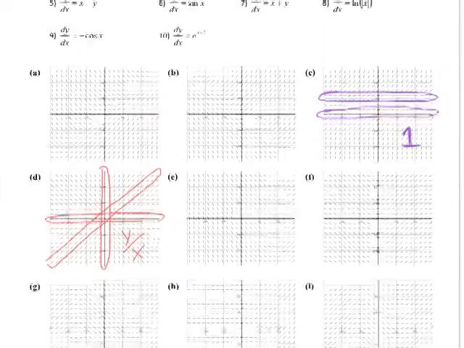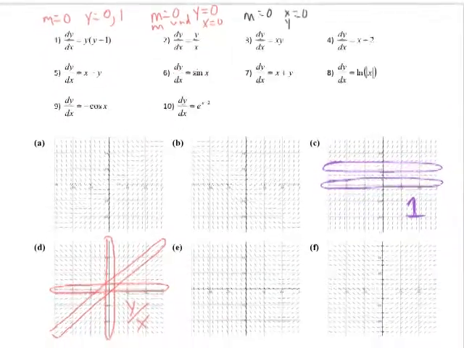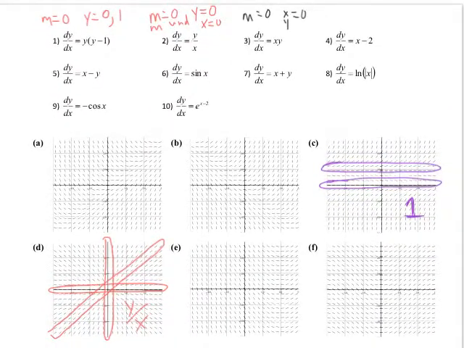Going up to the next equations. In equation number 4, what we see is when x is equal to 2, our slope is 0. So we want to look for 0 slopes along the line x equals 2. Looking at the graphs, these are not 0 slopes. These are not 0 slopes.